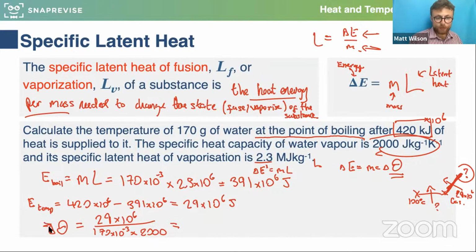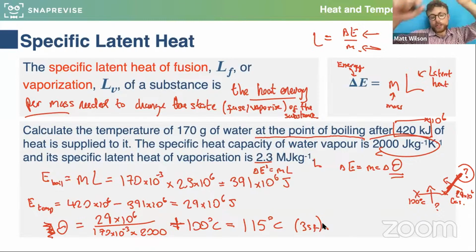Let's actually calculate the final temperature, which is going to be this plus 100. So we started at 100. Altogether, chuck that into a calculator, and to 3 significant figures, you'll get 115 degrees centigrade. In other words, the change in temperature was 15 degrees centigrade.